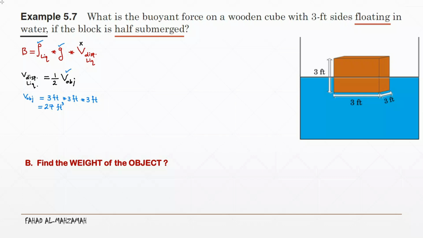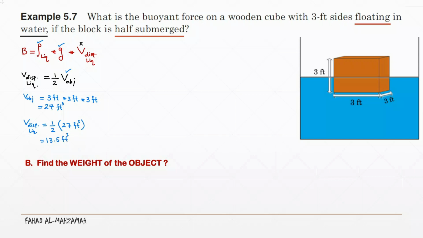Now what about the volume of displaced liquid? It will be equal to half of the volume of the object, which is 27 cubic feet, and that equals 13.5 cubic feet.